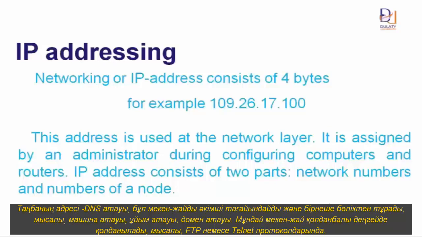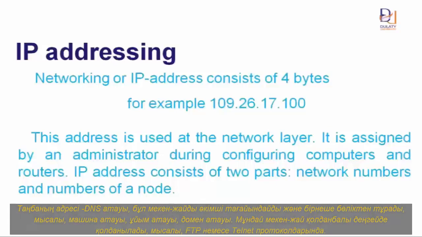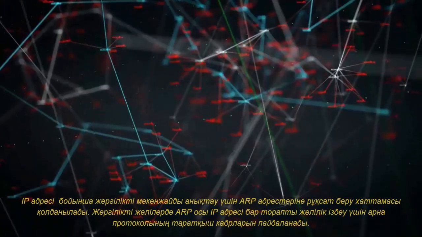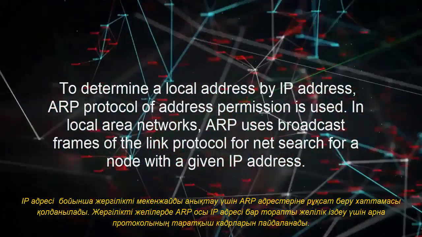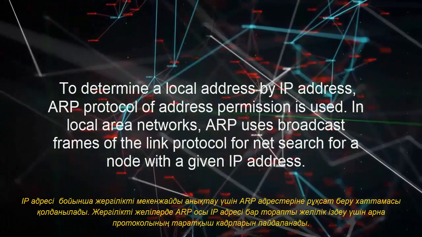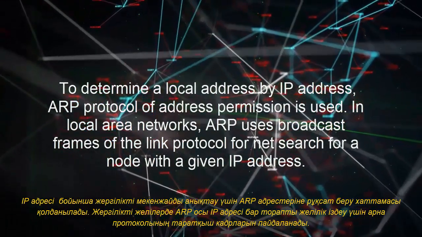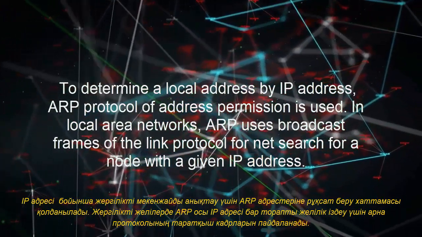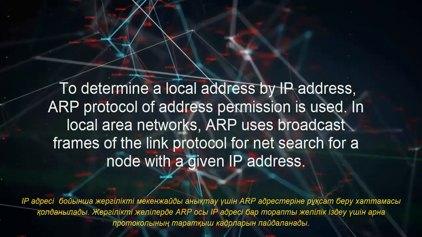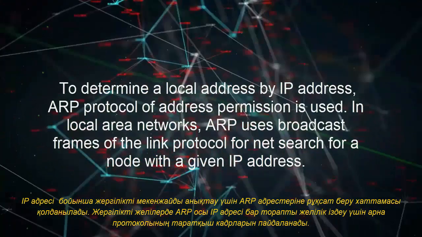Such an address is used at the application layer, for example, in FTP or Telnet protocols. To determine a local address by IP address, the ARP protocol of address resolution is used. In local area networks, ARP uses broadcast frames of the link protocols for the search for a node with a given IP address.